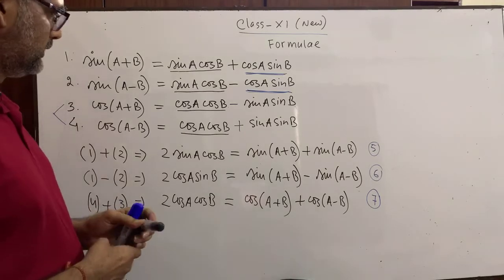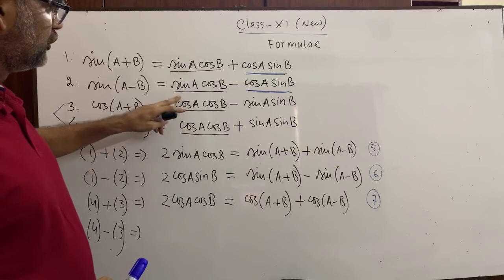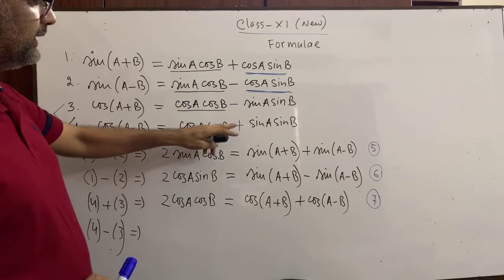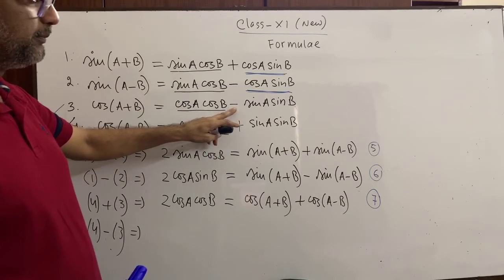You see, this and this will be omitted. So here minus, it will be positive.